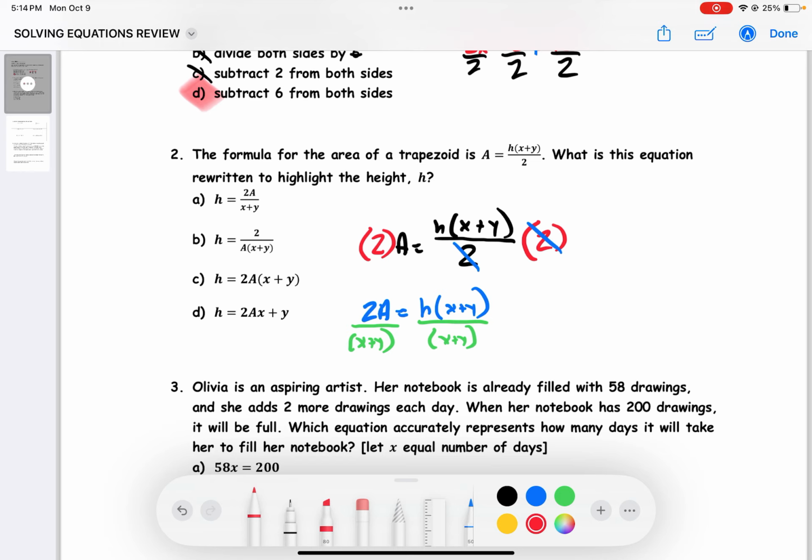H is being multiplied by this number, x plus y. And the opposite of multiplying by that number is dividing by that number. So those variables will cancel out. And h will be equal to 2a divided by x plus y. I do not know what 2a divided by x plus y is because I don't know what any of those variables represent. So I'm not going to do more work than I have to. And I have a final answer.